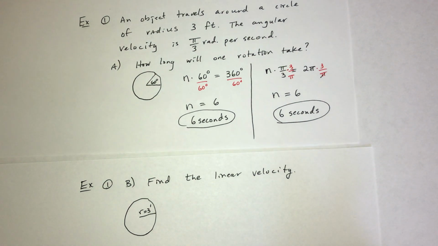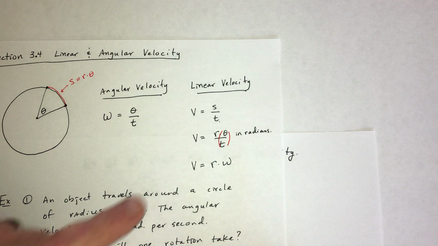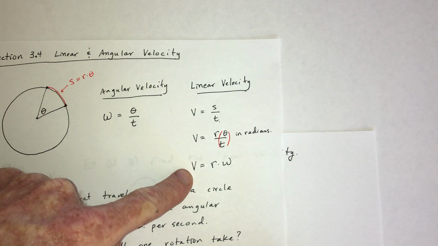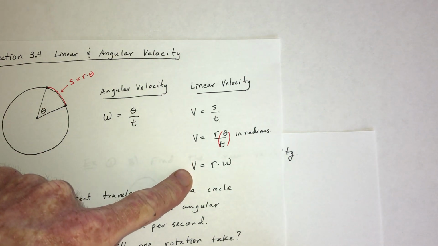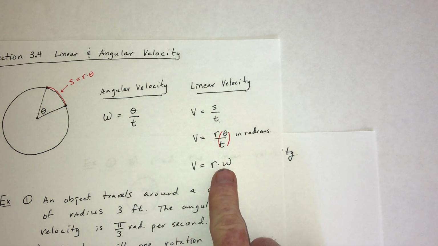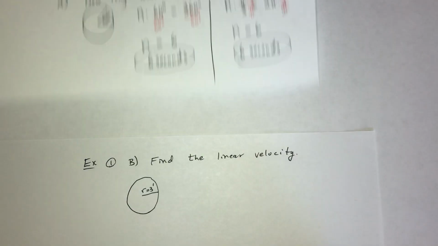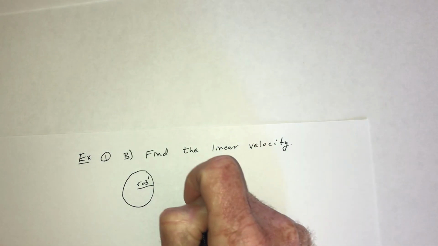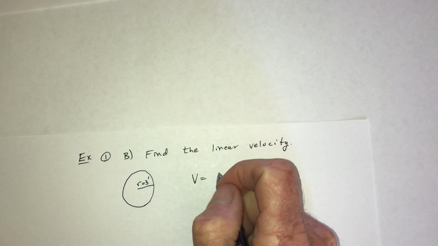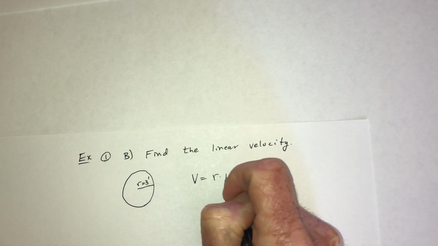And then for linear velocity, I could use any of these formulas right here. Well, the angular velocity is already given. That is the pi over 3. And the r is already given. So all you have to do is multiply them. So the linear velocity will be the r times the omega.